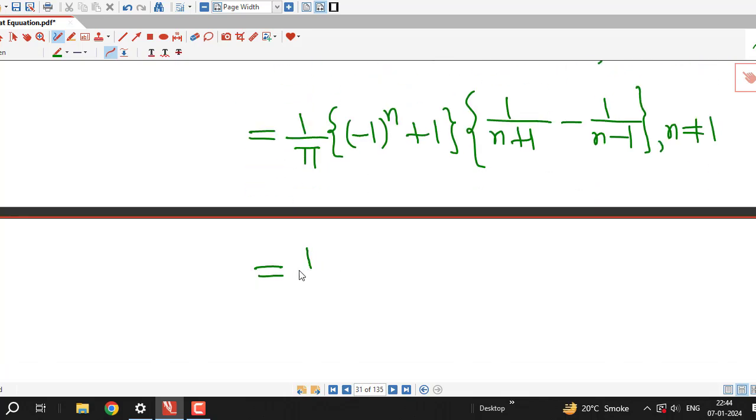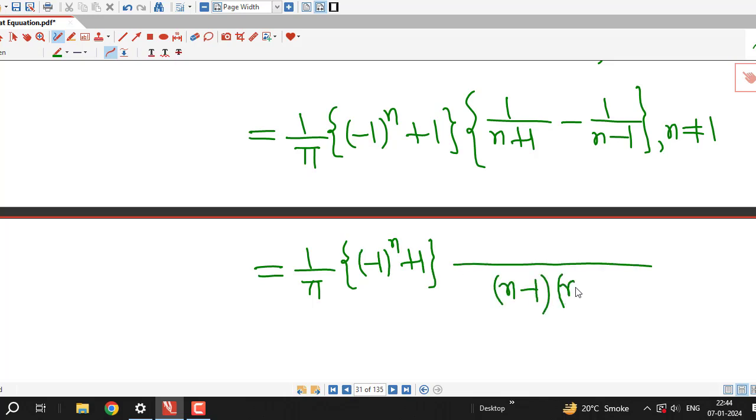And let's simplify this again. This thing as it is, minus 1 raised to n plus 1. Here in the denominator the LCM is n minus 1 times n plus 1. Here we will have n minus 1 minus n plus 1. N is different from 1.